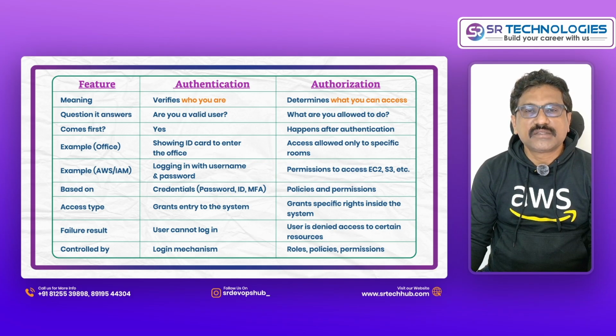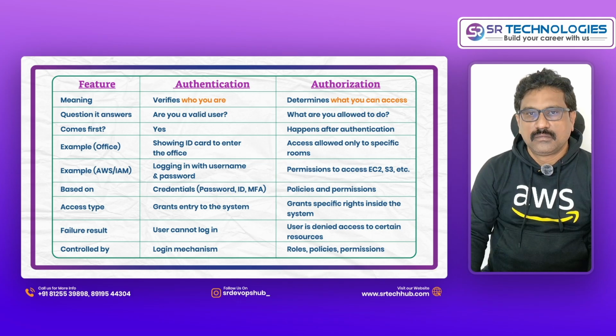But if you want to go inside the server room, power room, or any other manager's cabin, you should have an authorization. That is called authorization. If you observe in offices, you can see a signboard like "unauthorized entry not allowed." So that is called authorization. This is the difference between authentication and authorization.